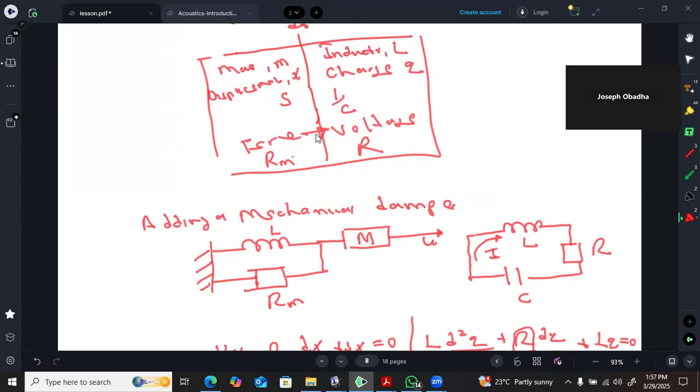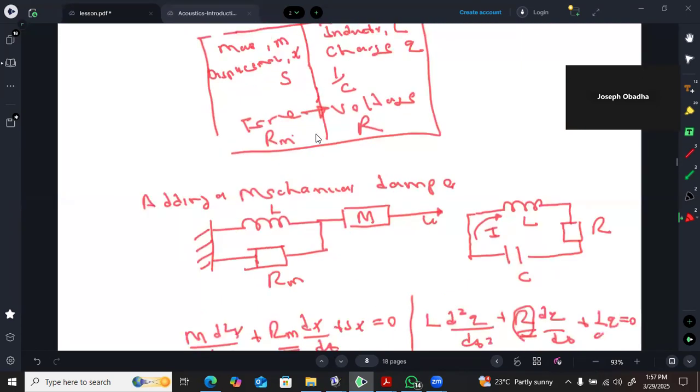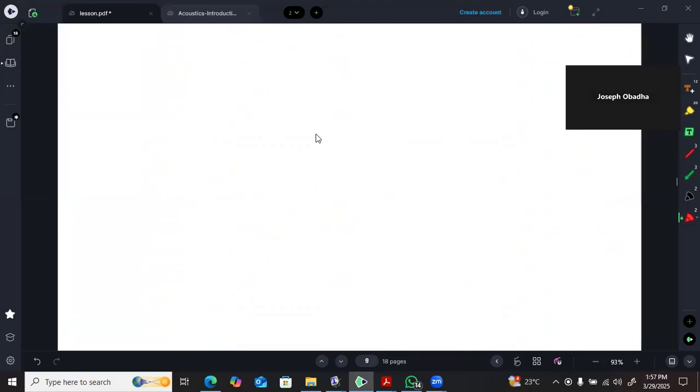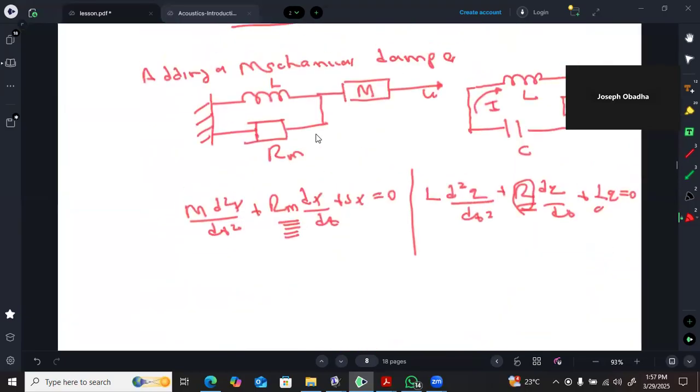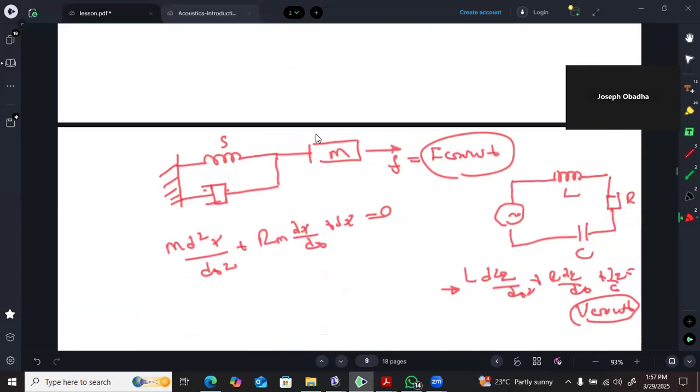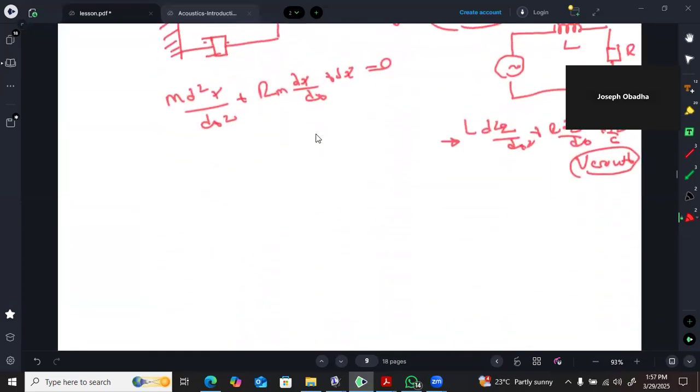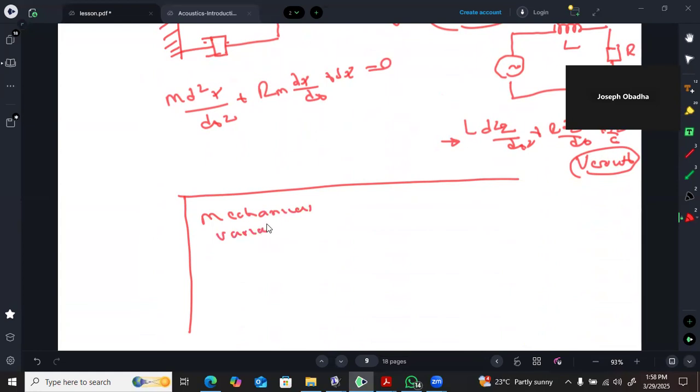But what is important is that once we have these analogies, we also want to compare them with what happens in the acoustic variables. So let's just summarize what we have. Here are the mechanical variables. We have electrical variables.